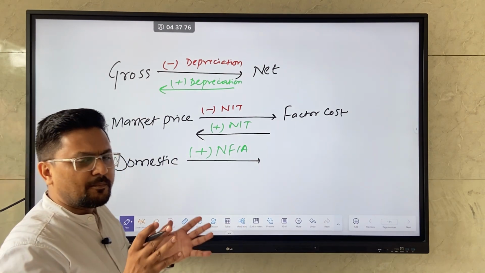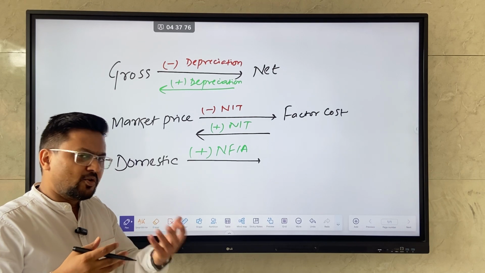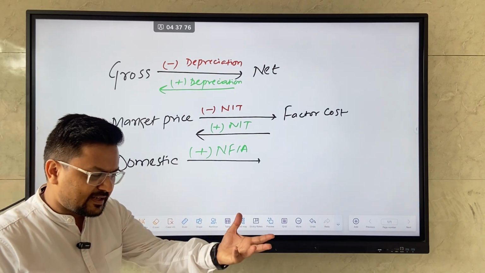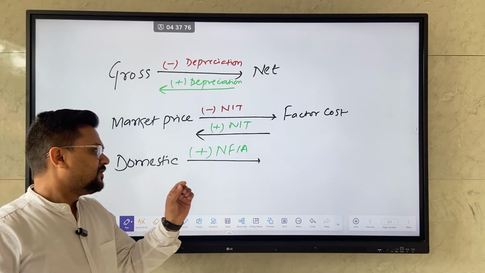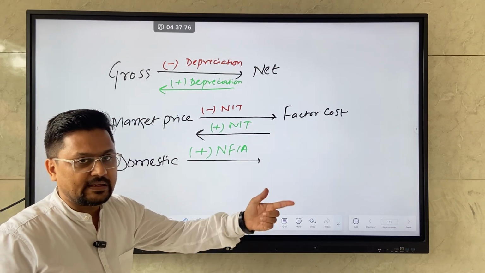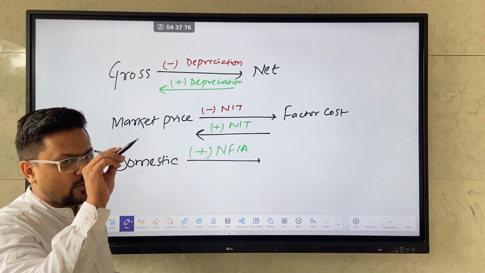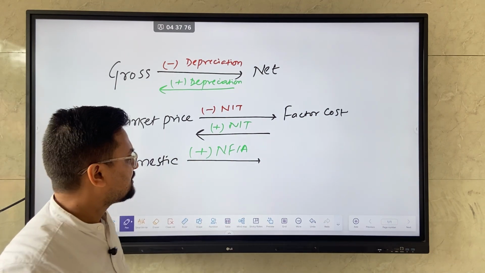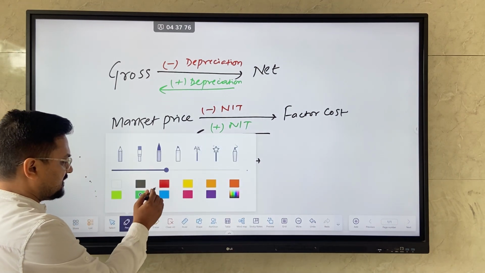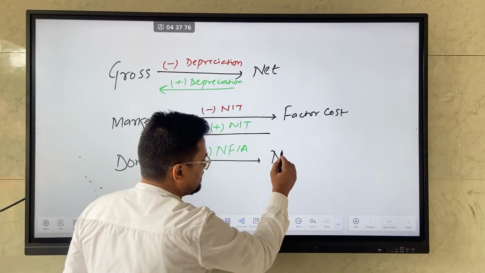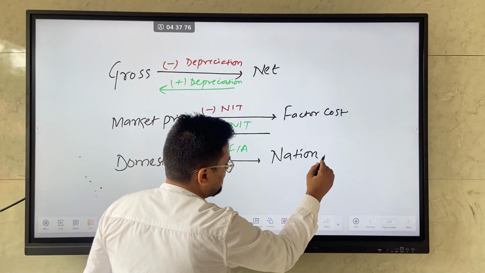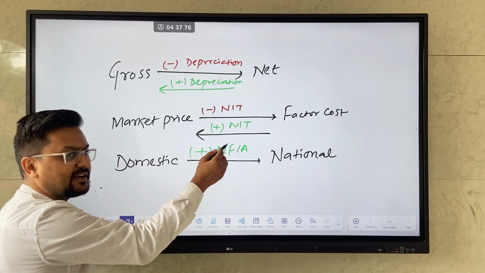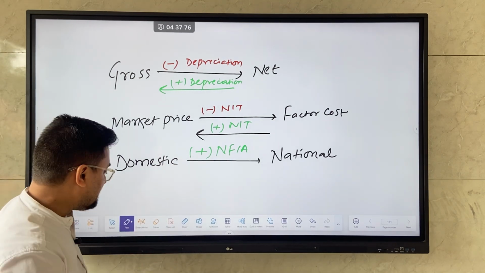If you are going through any book, whether it's CBSE or ISC or any state board, you may find NFYA in your books. So nothing to worry, Y denotes income, so NFIA or NFYA is the same thing. If you want to get from domestic to national, net factor income from abroad has to be added.